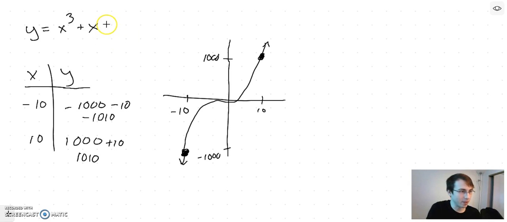But now suppose that we add an x to the sixth term. So when we plug in -10, well, this part goes to -1010, but then this part goes to positive 1,000,000. So I'm just going to make a new xy table.